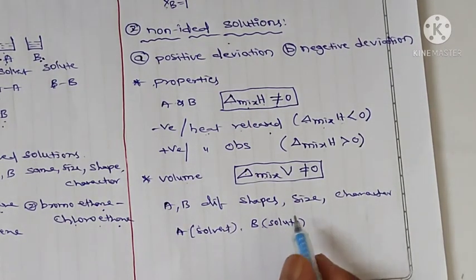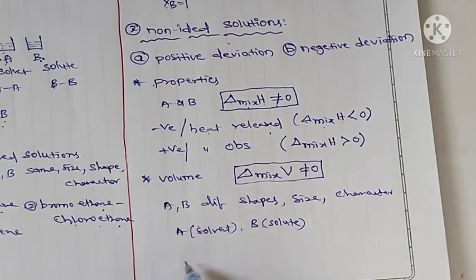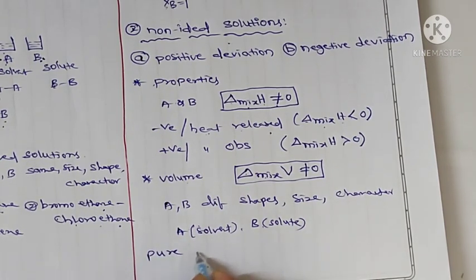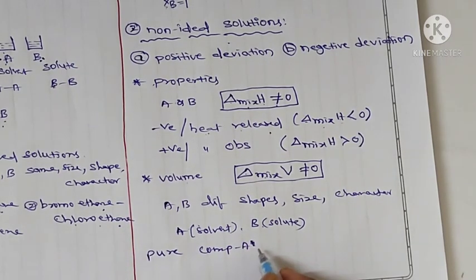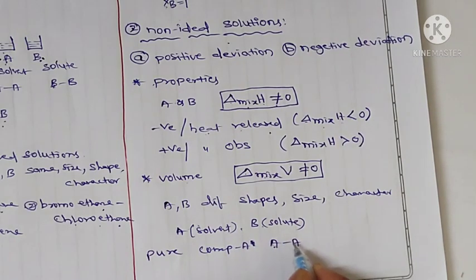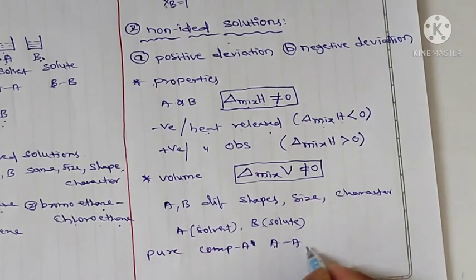So in pure component A, the intermolecular attractive interactions are A and A, meaning the interactions between solvent and solvent.